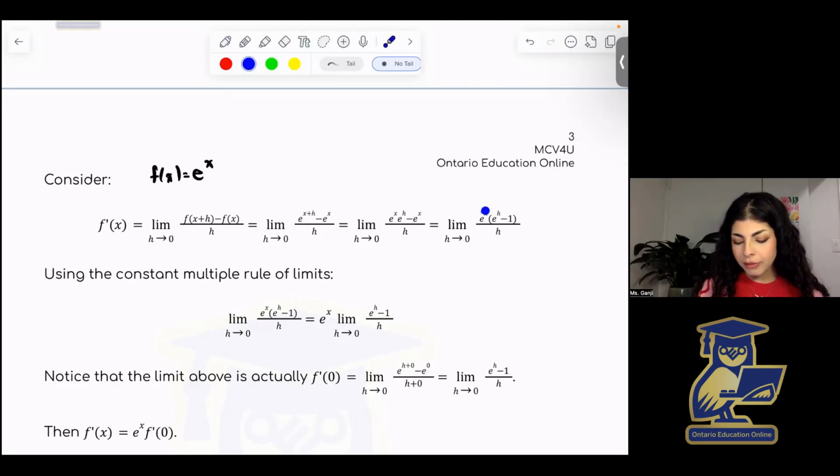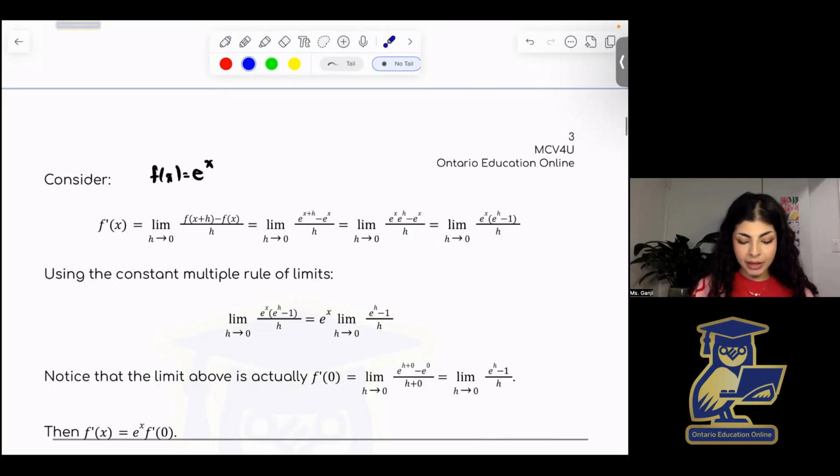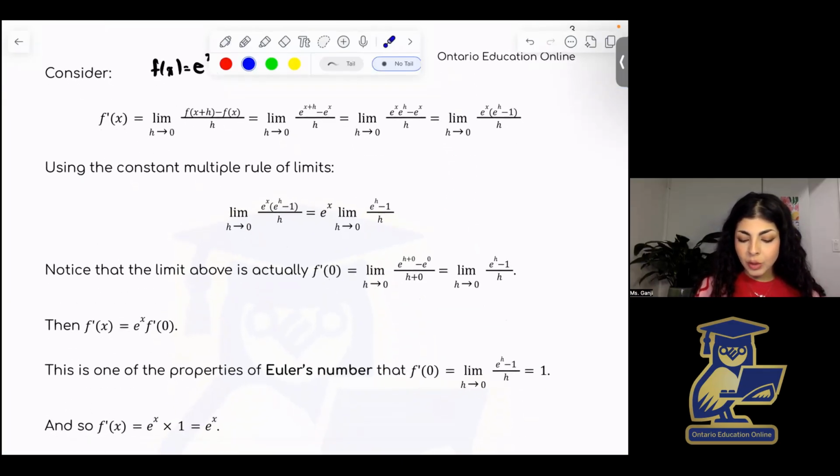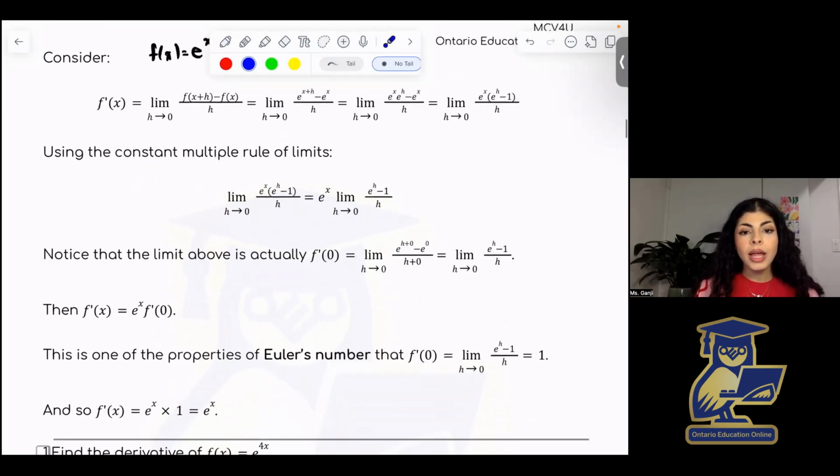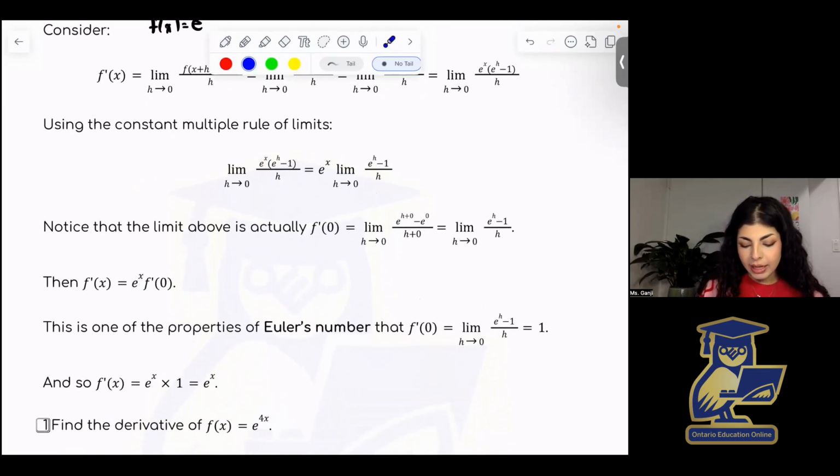And so I can factor out e to the power of x. Because my limit has to do with h and not x, I can see this as a constant. Then I can factor this out so that I have e to the power of x here, and then my limit is e to the power of h minus 1 over h. This limit is a special limit, and it is going to give us a value of 1.